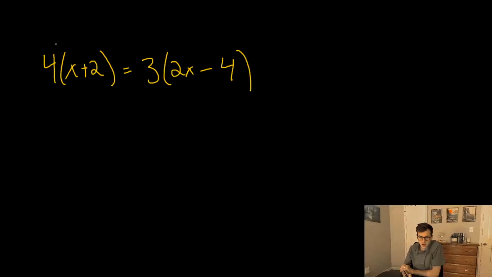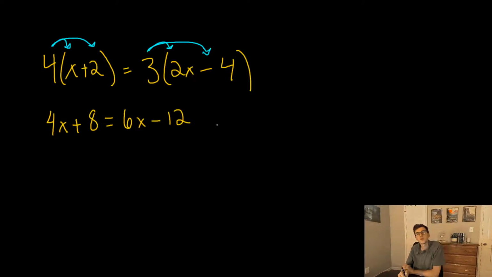If I distribute the 4, that gives me 4x plus 8 equals, and now let's distribute the 3 as well: 6x minus 12.